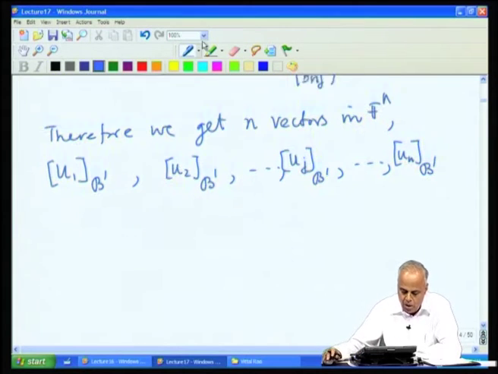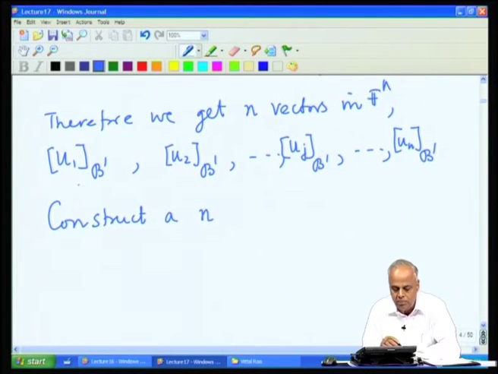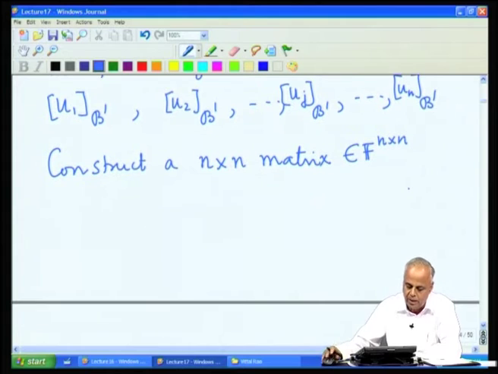So, now we construct a matrix, and it will have n columns, and each column is in Fn. So, it will have n rows. So, it will be an n by n matrix, since all the entries are from F, so it will be an n by n matrix in F^(n×n), as follows.